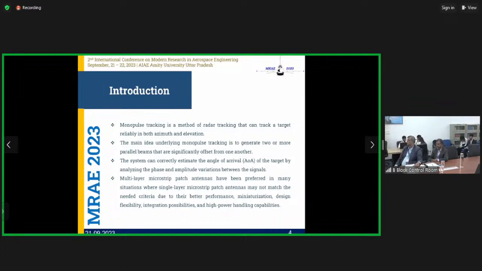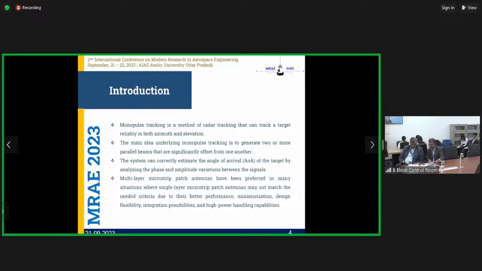These beams are created by mixing the signals from multiple antennas that have distinct relationships. These signals are then merged in a specific circuit called a monopulse comparator to produce an error signal that can be used to track the target.